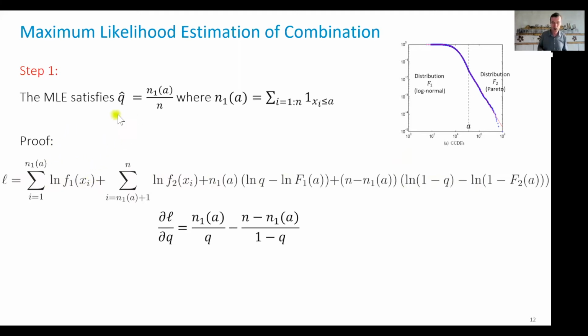So my parameter is, for example, here Q. If I want to find the maximum of this with respect to Q, I take the derivative with respect to Q, and I find this formula, and it's easy to see that as a function of one variable, it has a maximum when this is equal to that, which gives exactly this formula. Q hat is N1(A) over N. So that is the first step.